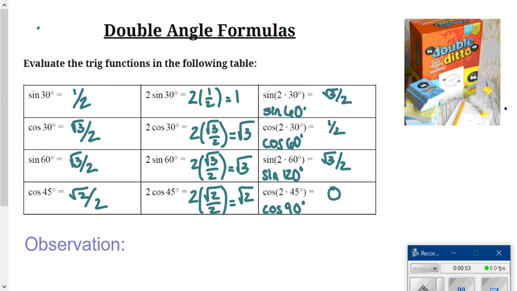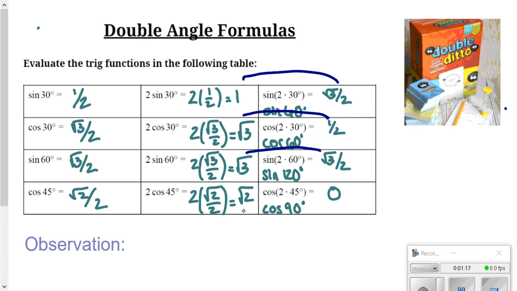All right. So you should have the values that I have here. And then there's this hefty word observation underneath it. And the observation, I thought for a second that maybe what Mr. Covey meant when he made these notes was that I should see a pattern or something. But then I thought about it and I realized all he wants me to notice is that these are not the same.